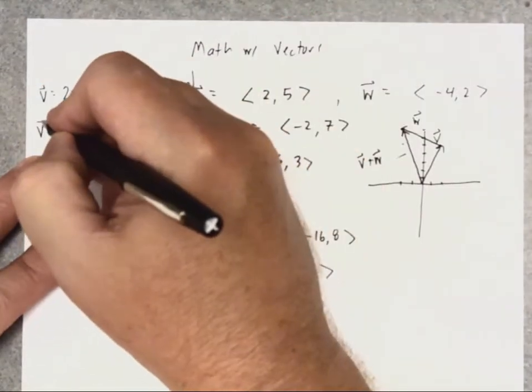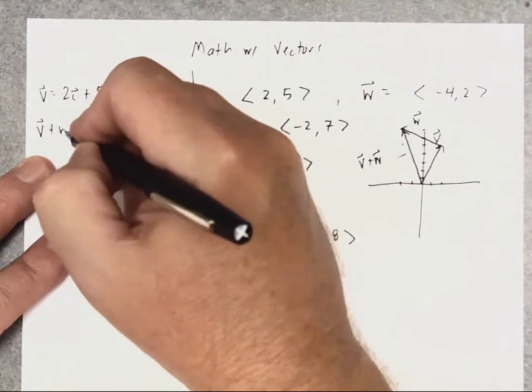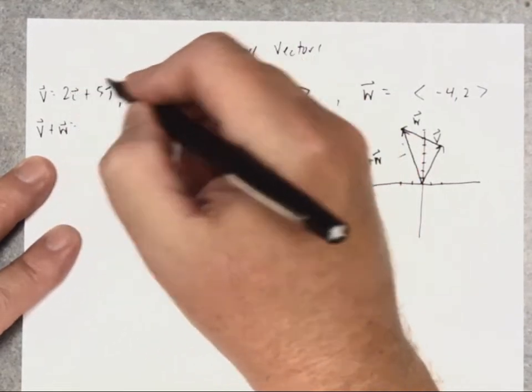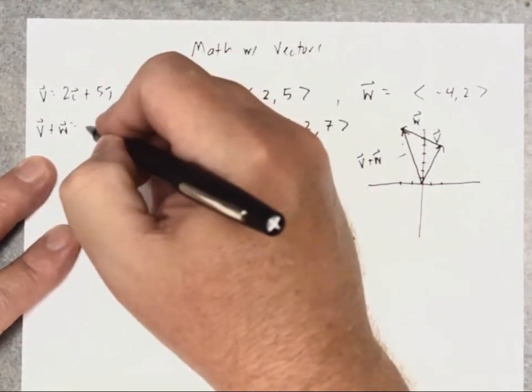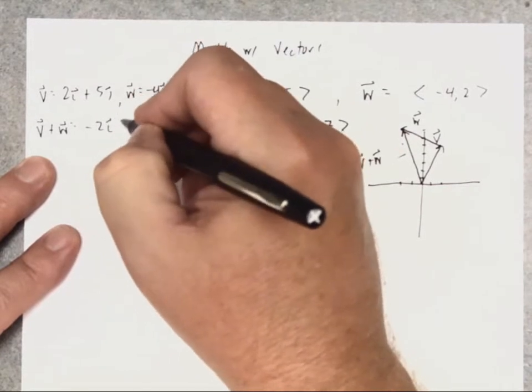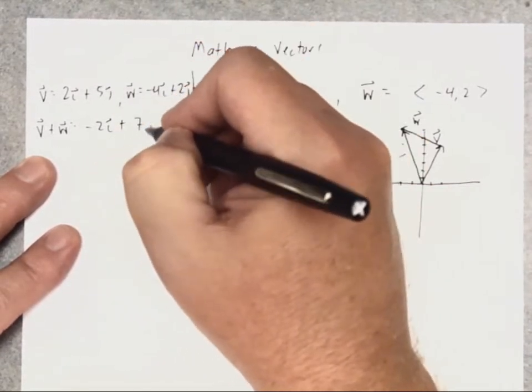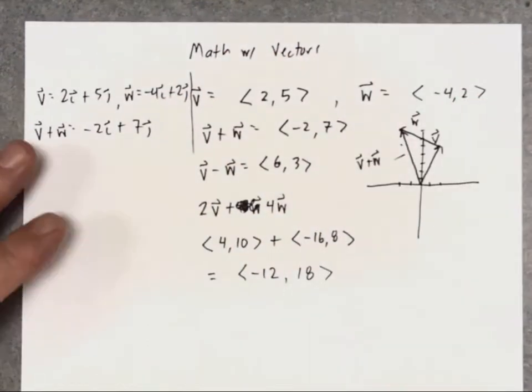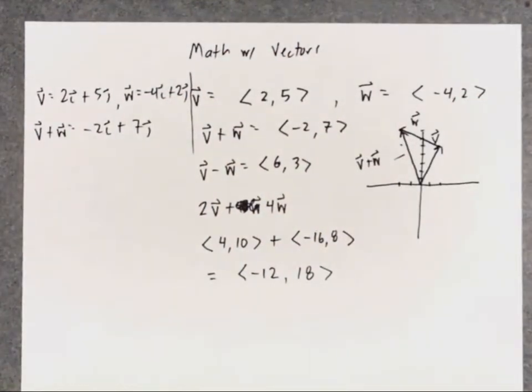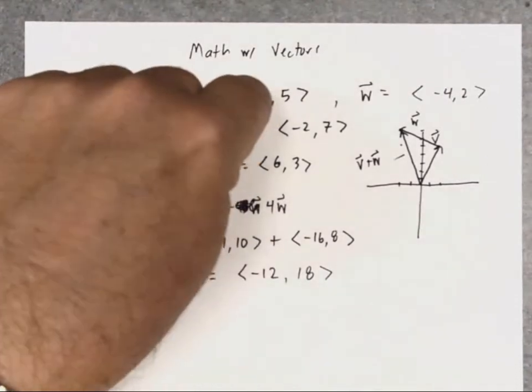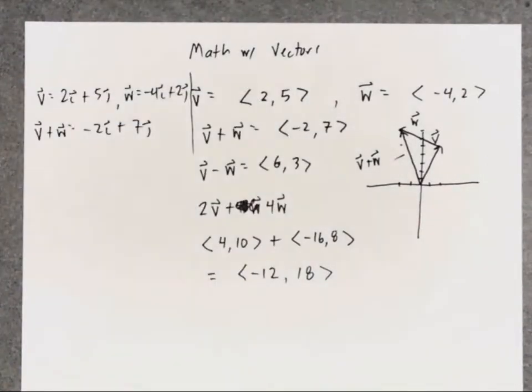So if we add them together, obviously, add the i parts. 2 plus -4 is -2i. Then you add the j parts. 5 plus 2 is 7j, which is a similar kind of thing. So to do this kind of math, when your vectors are in the ij form or even with the pointed brackets, is very straightforward.